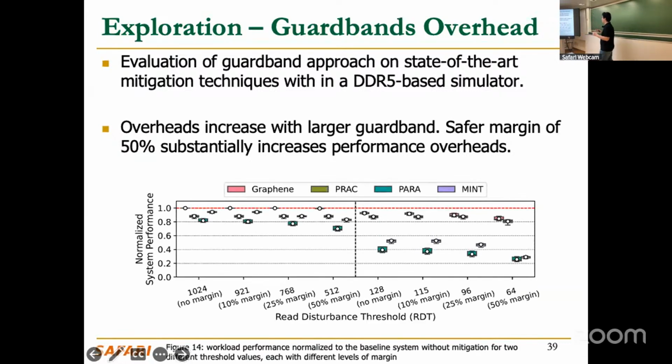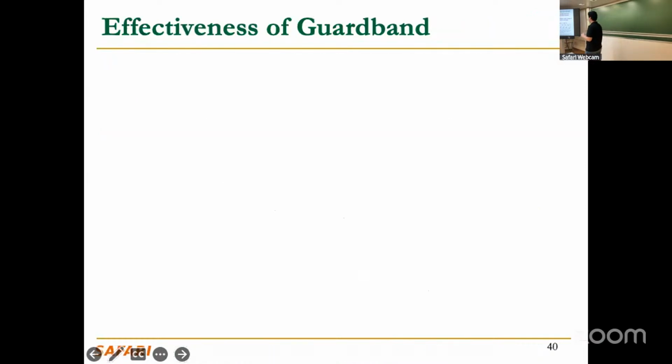And if we also want to implement a safety margin of 50%, which is a conservative approach, our system overhead substantially increases. So if you look at this normalized system performance graph, the red line is the desired system performance. But as we implement a margin on top of the measured thresholds, we are systematically punishing our system by introducing more overhead, or in this case, maybe more refreshes, which lowers our system performance.